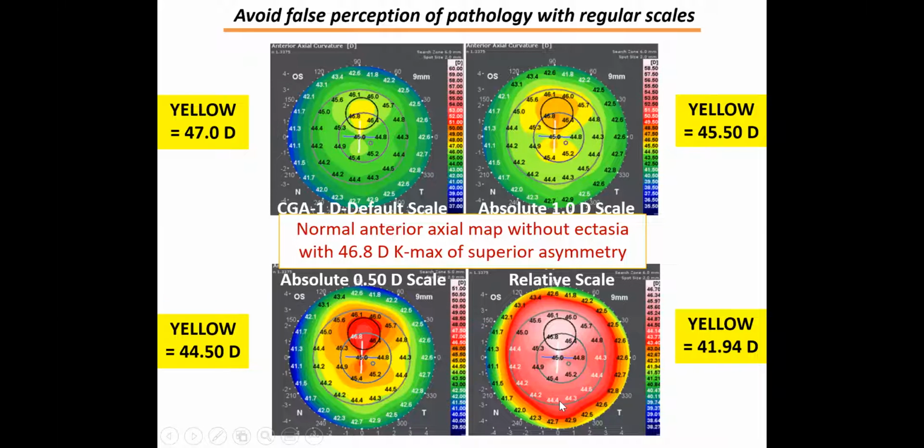With relative scales, you cannot compare one today's exam with tomorrow's exam, because a relative scale depends on what is at the top and the bottom, and pre-surgery and after surgery will change completely the range of values we have in each cornea. And this is a normal anterior axial map without ectasia, but with a superior asymmetry.